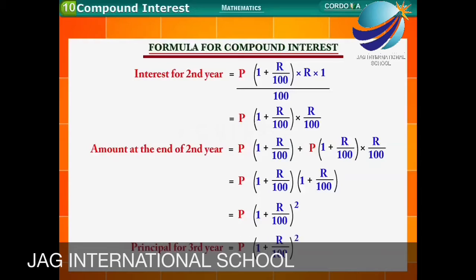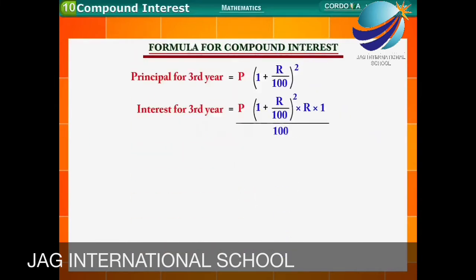Principal for third year is equal to P into 1 plus R upon 100 square. Interest for third year is equal to P into 1 plus R upon 100 square into R into 1 upon 100, which is equal to P into 1 plus R upon 100 square into R upon 100.